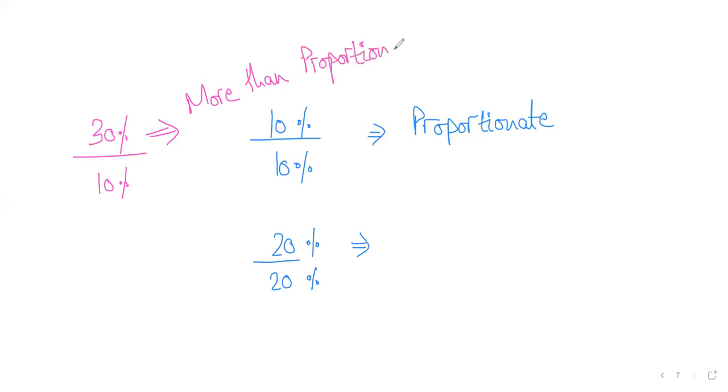And similarly, an opposite example would be when the change in the denominator is greater than the change in the numerator. So if in the numerator we have 40% and in the denominator we have 80%, now this is less than proportionate, because in the numerator you can see it's smaller compared to the change in the denominator.